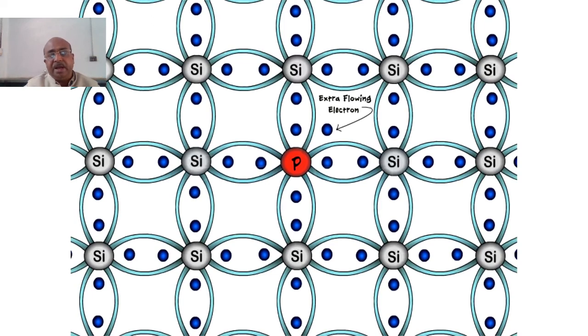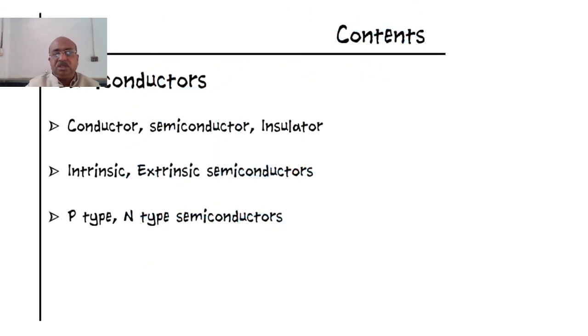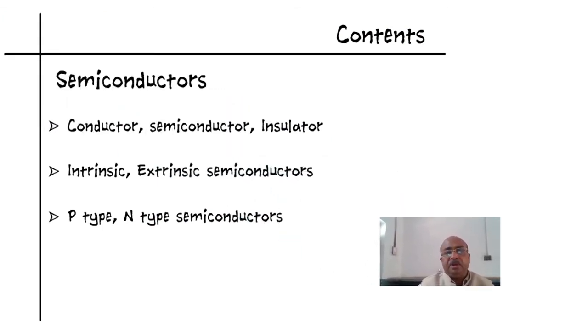This current is because of the electrons in the n-type material. This way, by adding phosphorus, we can get an n-type semiconductor. And here you can see that this one free electron is available which can be used for the conduction of current. So this is all we have learnt today about semiconductors, about intrinsic, extrinsic, and p-type and n-type semiconductors. Thank you.